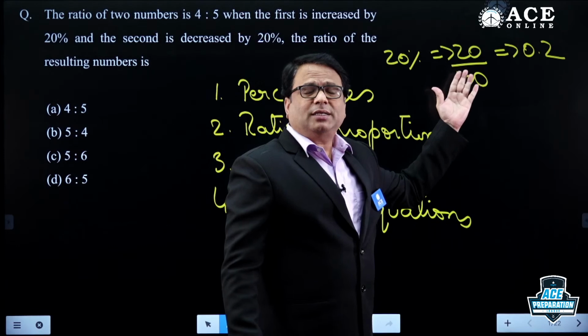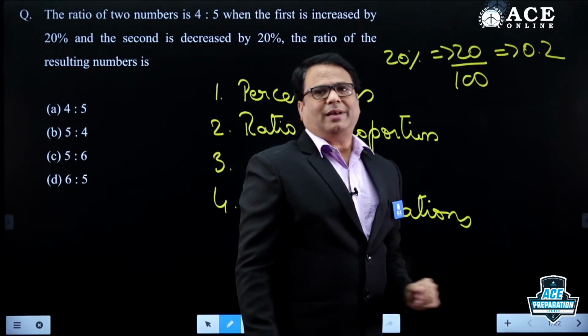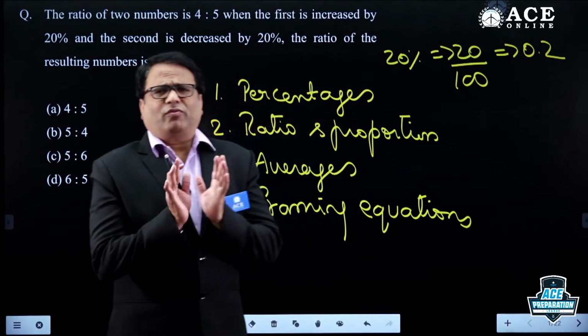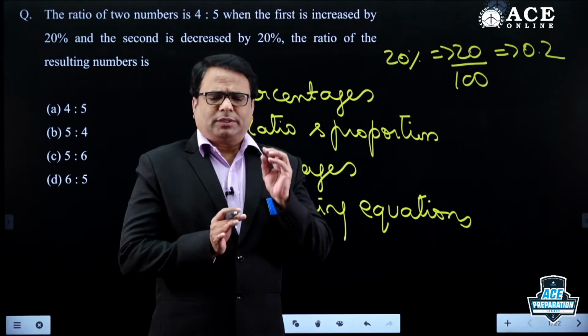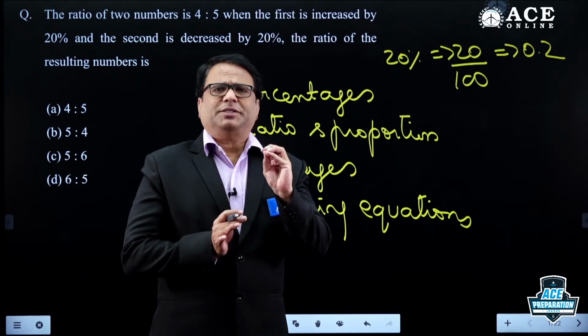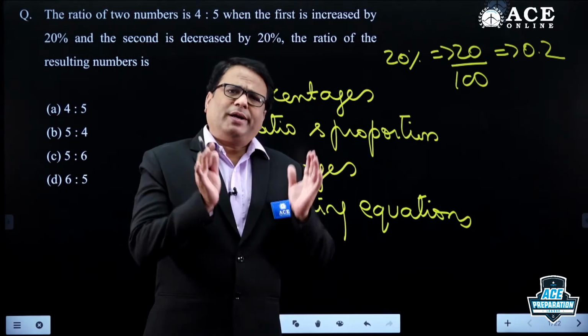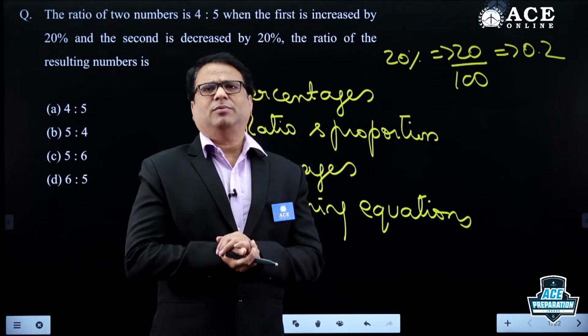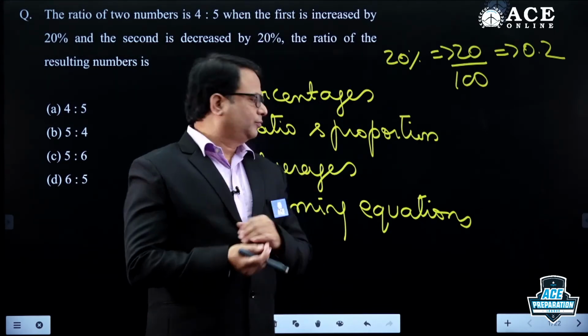And you can also write it in decimals, 0.2. Okay? Right. Now, before we get into problems, I would like to tell you 4 basic calculations in percentages. Then we move on to some of the questions that have already appeared in SSC CGL. Okay, what are those 4 basic calculations? Let us start now.